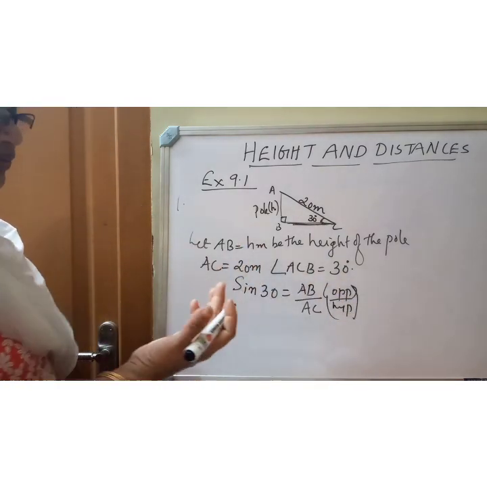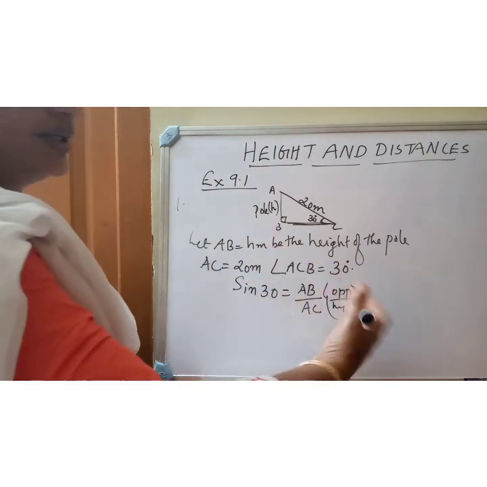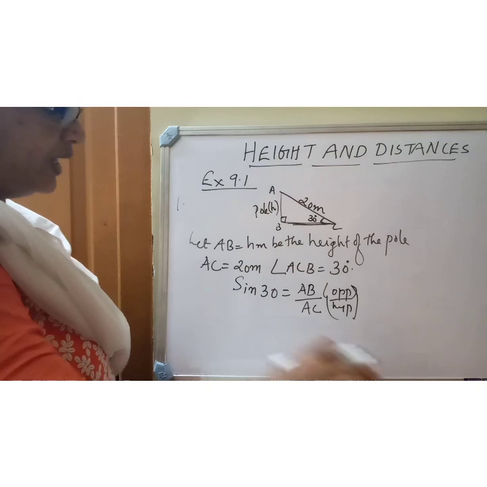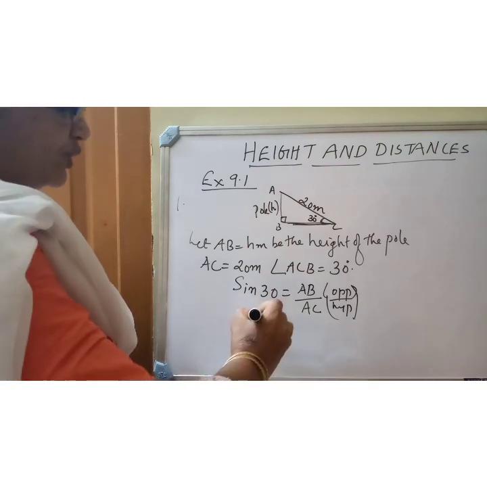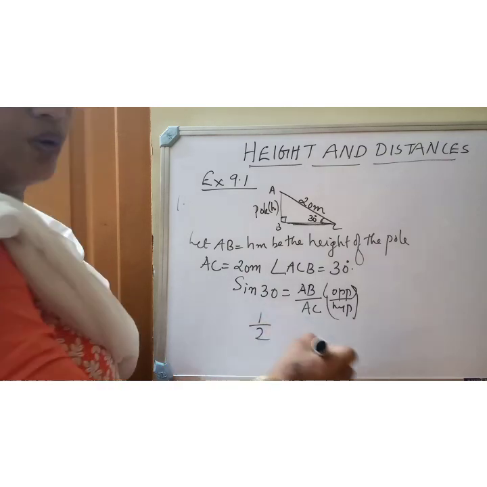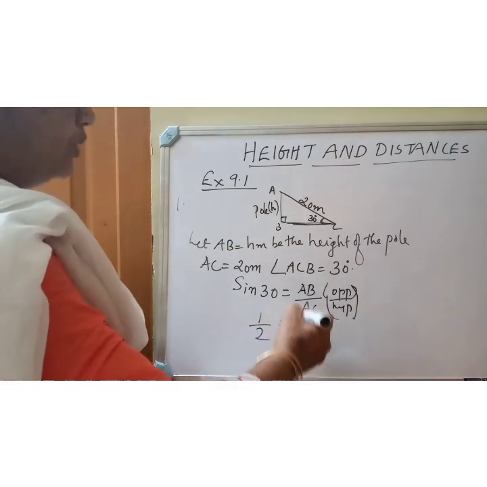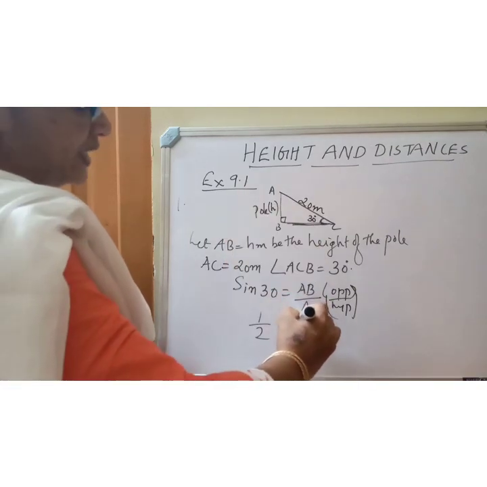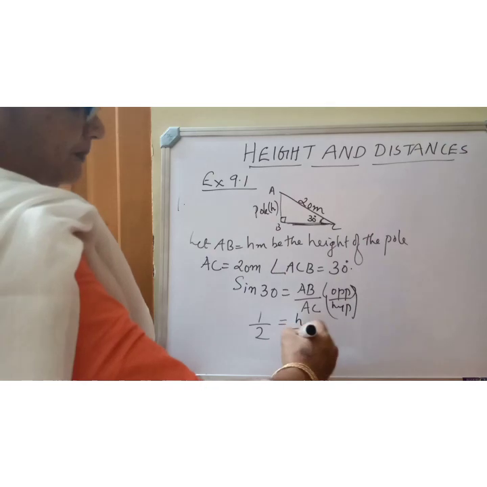Next onwards you must write only the alphabets, and substitute the values given in the question. What is the value of sin 30? 1 by 2. So first you must go through all the trigonometric ratio values, then it is very easy. So 1 by 2 is equal to AB, which I am representing by h, divided by AC, 20.